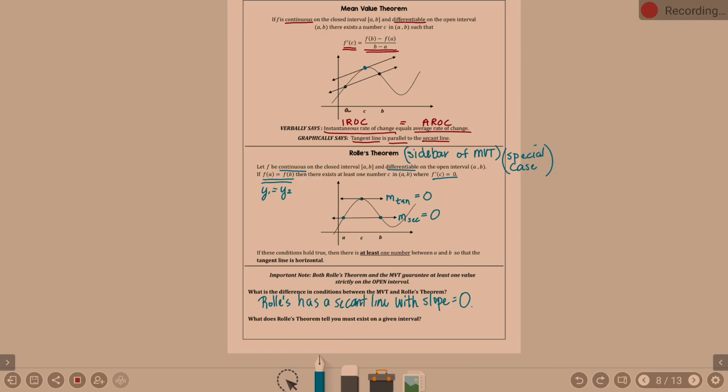Now, what does Rolle's theorem tell you must exist on a given interval? It doesn't explicitly say it. It says there's a number in between A and B where the derivative equals 0.